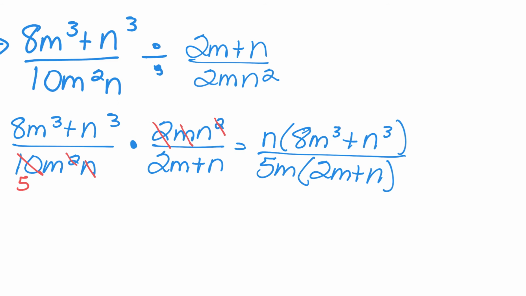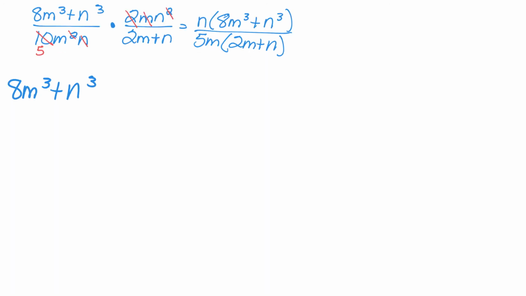So once we look at what we have, you notice that this factor right here is a perfect cube, and this here is a perfect cube as well. And so we have to use the sum of cubes. I'm just kind of working off to the side here on this. So 8m cubed is actually a perfect cube because 2 to the third power equals 8.